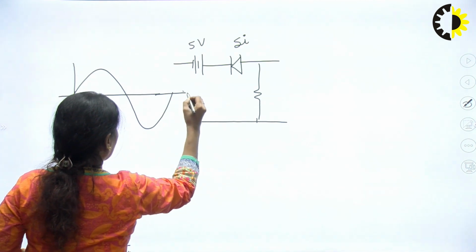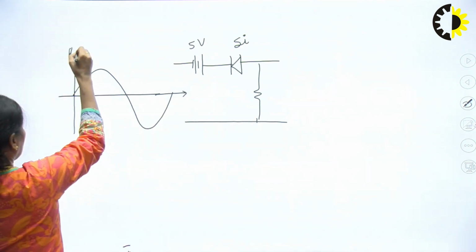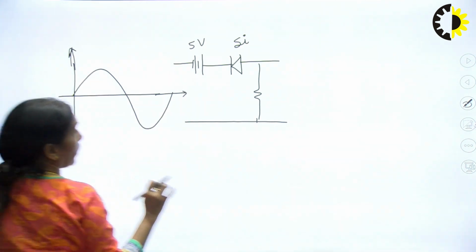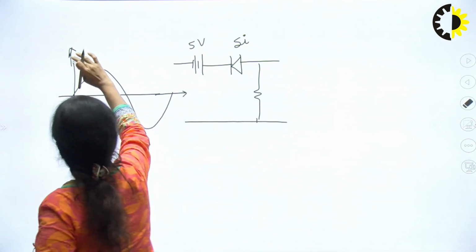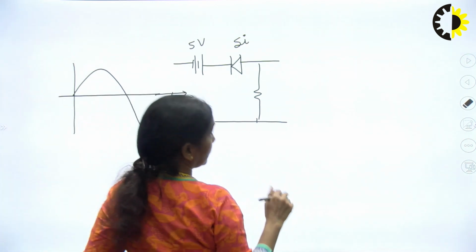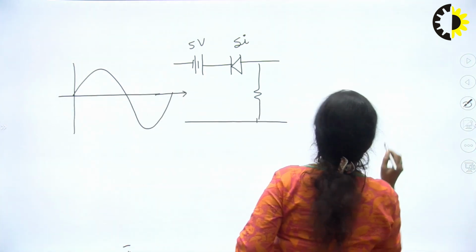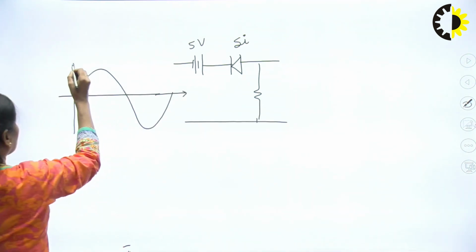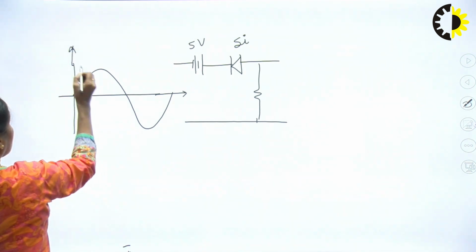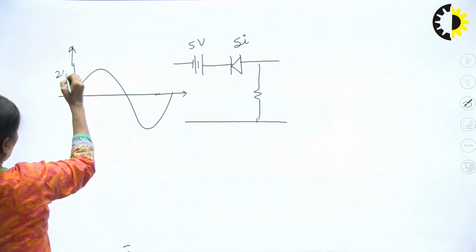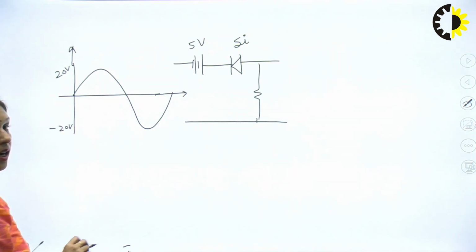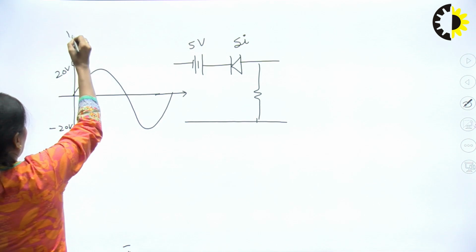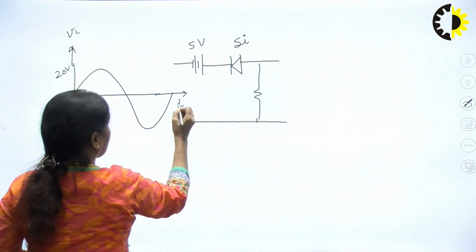Let us take the signal. This is, let's say, 20 volts and this is minus 20 volts. This is Vi and this is T.